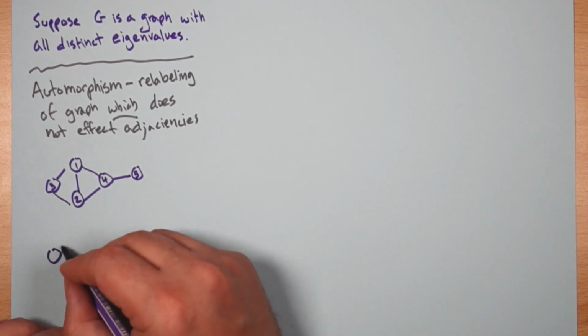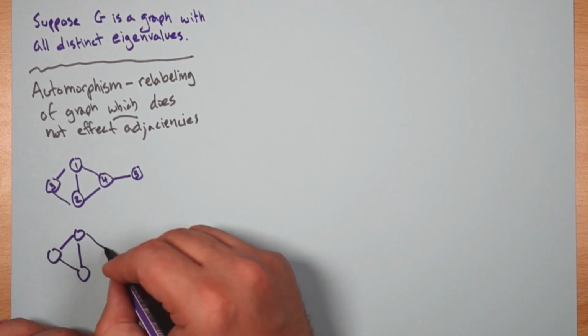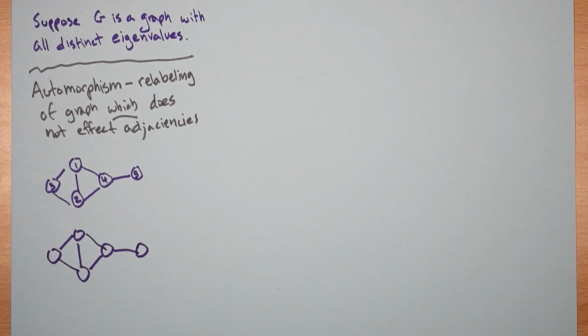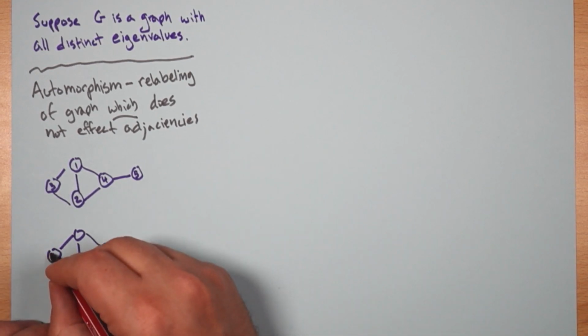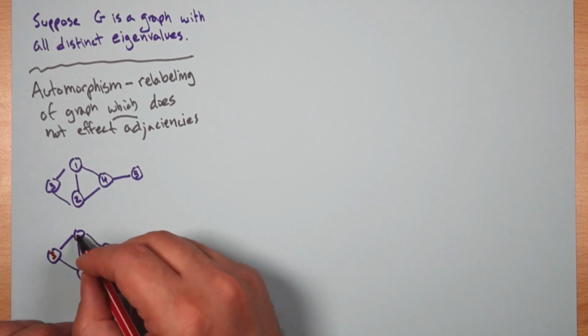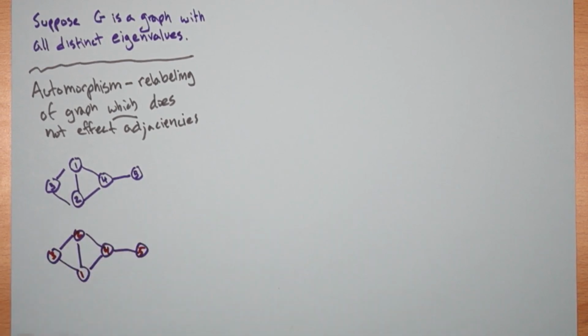So first off, I'm going to draw without any labelings. And then I'm going to relabel. My relabeling is I'm going to keep 3, 4, and 5 as they are, but for 2 and 1, I'm going to have them swap their place. Now, are these the same graph? And the answer is yes, they're the same.